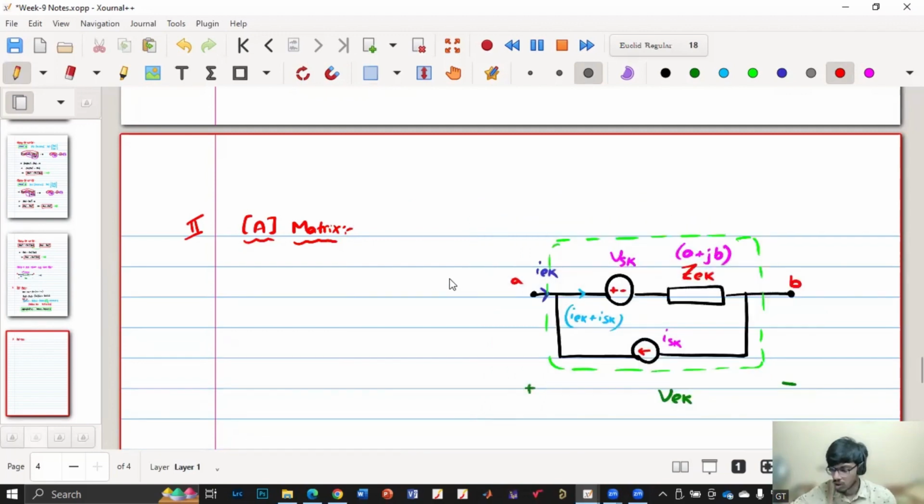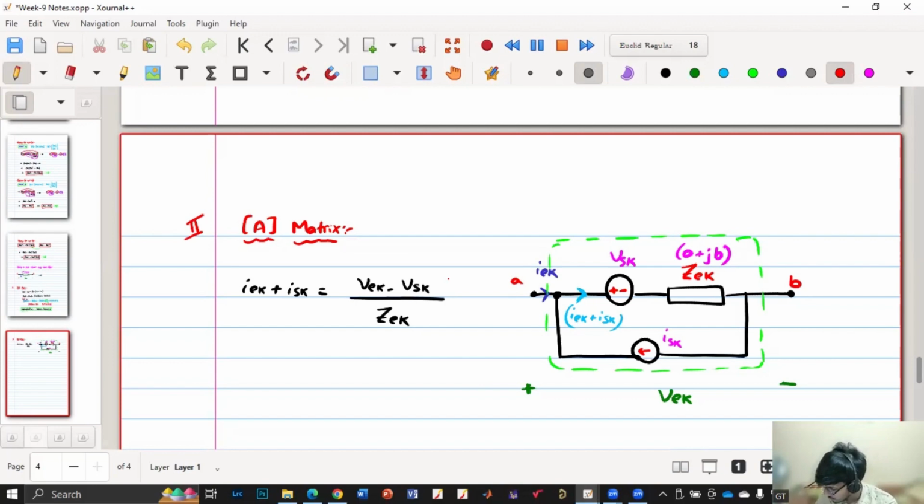Okay. So now we will apply KVL. Sorry, we'll apply KCL. So I'll apply KCL at this node. So I'll write IEK plus ISK is equal to (VEK minus VSK) by ZEK. Meaning the current that is entering, IEK plus ISK, is nothing but this potential difference minus this potential difference by impedance.